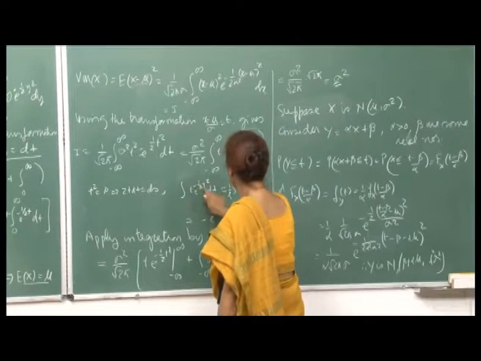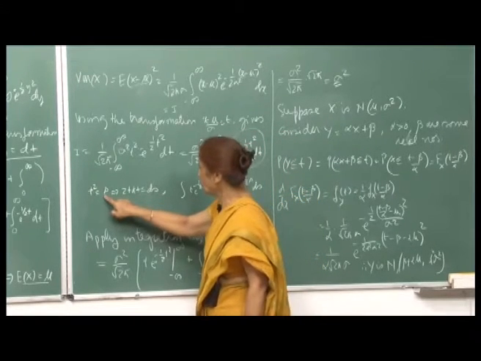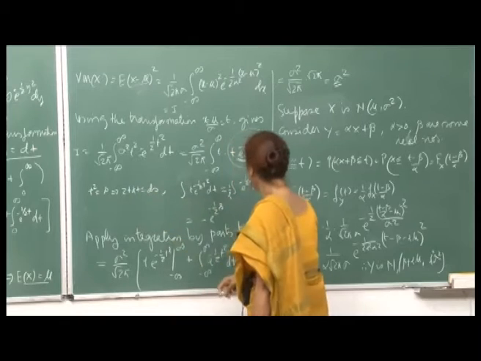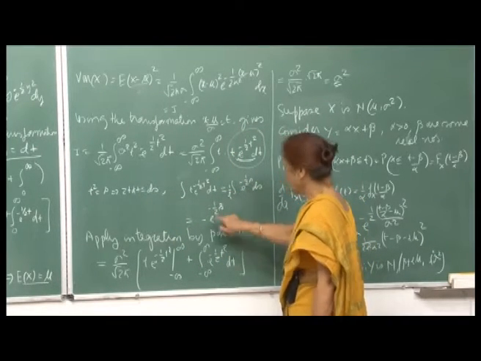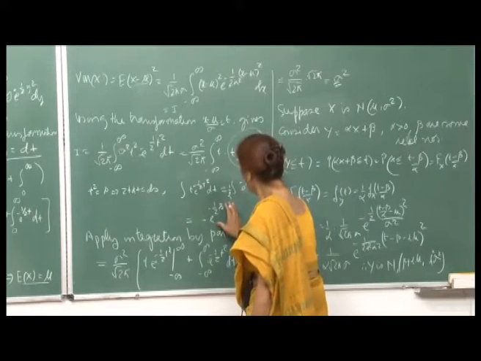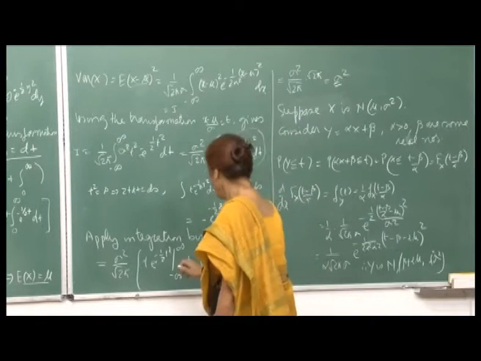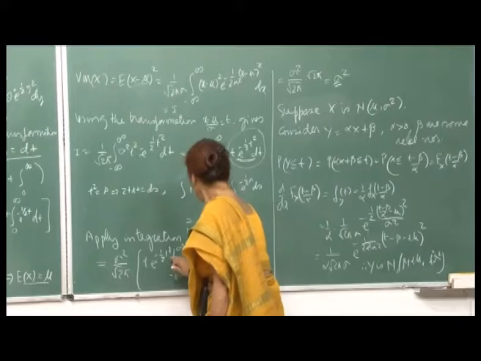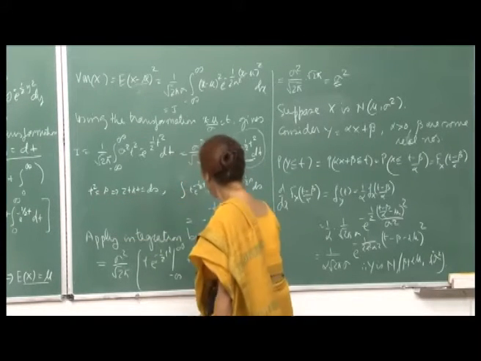So, I am saying the integral of t e raised to minus half t square dt is half, when I make the transformation t square is s, then 2 t dt is ds. So, this reduces to this, and therefore to this, right. Now, applying integration by parts, the integral of this I have already computed for you is this minus e raised to minus 1 by 2 s, and so this will be t into, when I transform back again and substitute for s from here, this is t square.